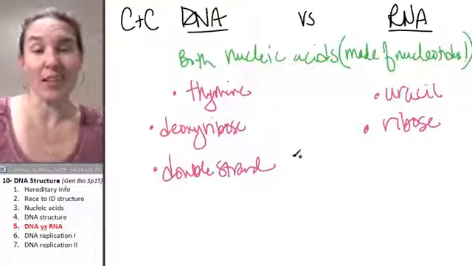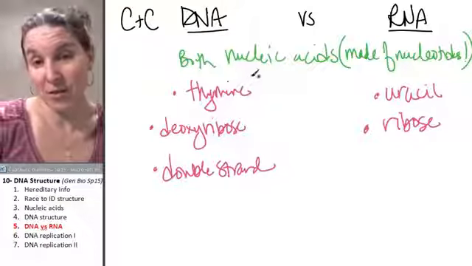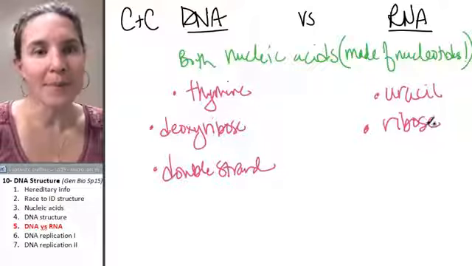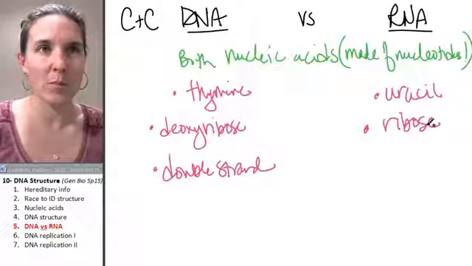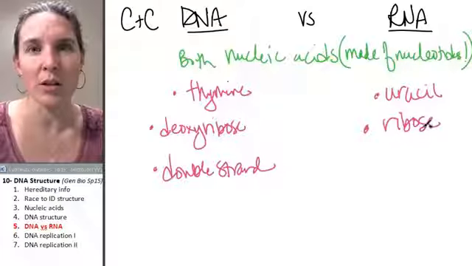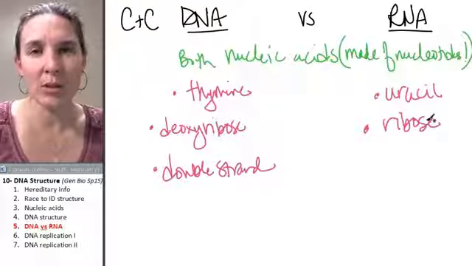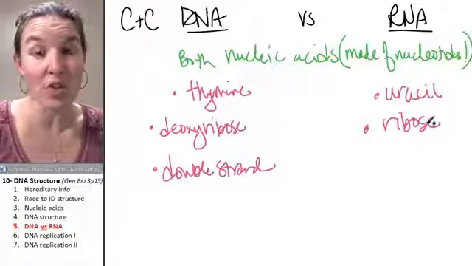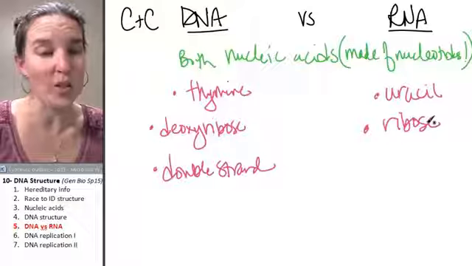So I guess you could kind of say that it's in its own strand. But in its normal structure, in its normal existence, it's a double-stranded molecule. There's two strands of nucleotides wound around each other.